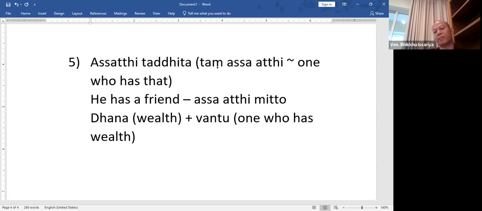Yeah, in this way. So what does it mean? One who has dana. He has property, a rich person. So dana means wealth, maybe property. You also have property. I also have property. Many people have property. So that is quite general. In this case, not just merely having.